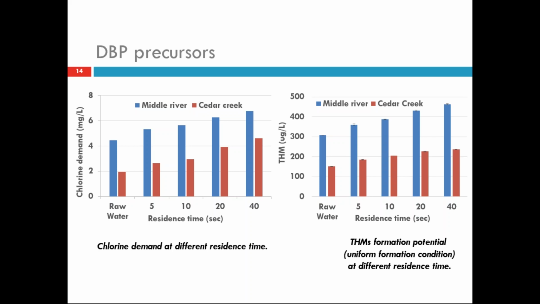And here also, similar to the AOC and BDOC profile, we see a steady increase in chlorine demand and THM results, suggesting that the smaller molecular weight fractions, apart from impacting the biological stability, are also a precursor to DBP byproducts. For both these data, we see a higher increase in Middle River as compared to Cedar Creek, again because of the higher NOM present in Middle River water.